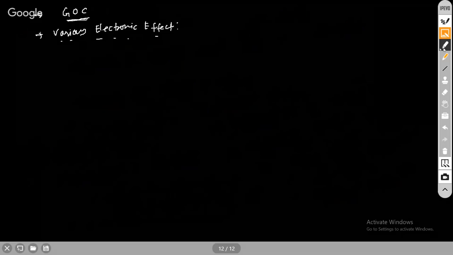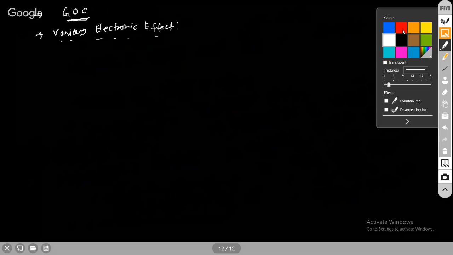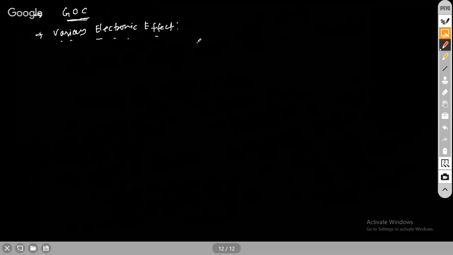The various electronic effects are: the first one is the inductive effect.